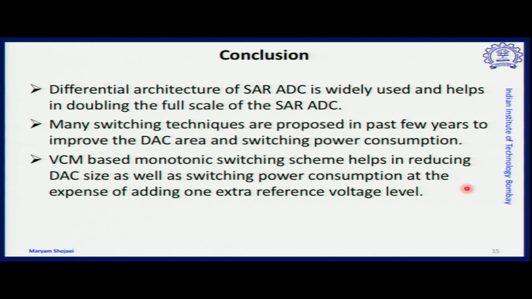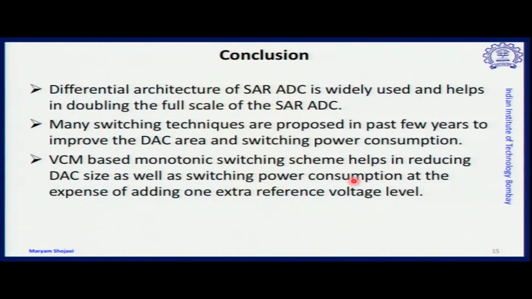So the conclusion is we have reviewed 4 differential architectures of SAR ADC with respect to energy consumption, and this energy consumption is mainly because of the capacitive DAC switching, so it's important to take care of it. And of course, we know that differential configurations add to the area because the number of elements is almost doubled.